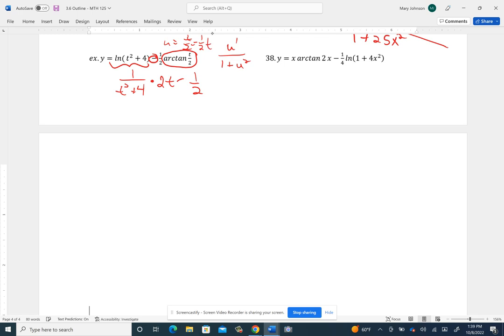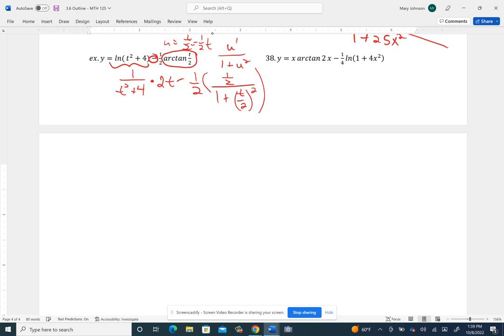So it'd be minus 1/2, and then I'm going to start doing the derivative of the arctangent of t over 2. So the derivative of the 1/2 t would be 1/2, and then I'd need to do that over 1 plus t over 2 squared. All right, so now I'm going to see what all that turns out to be.